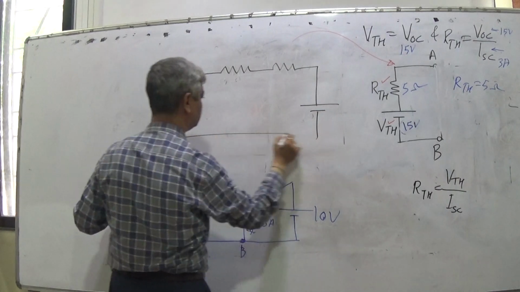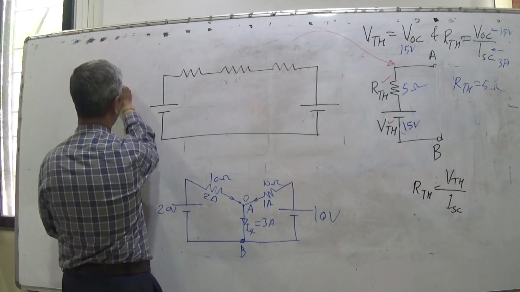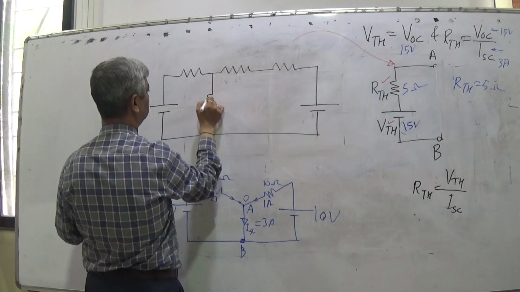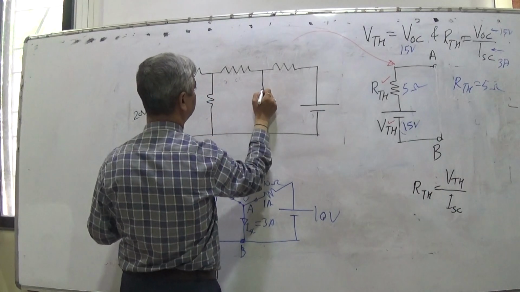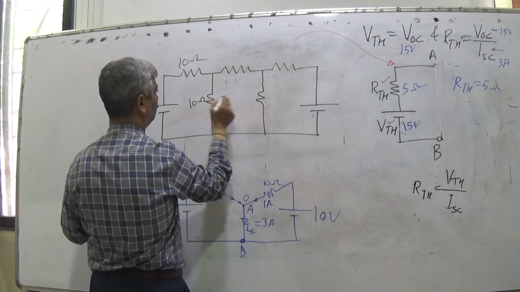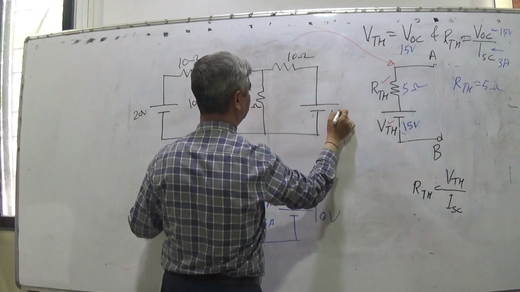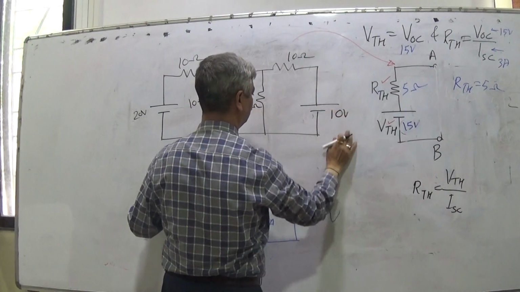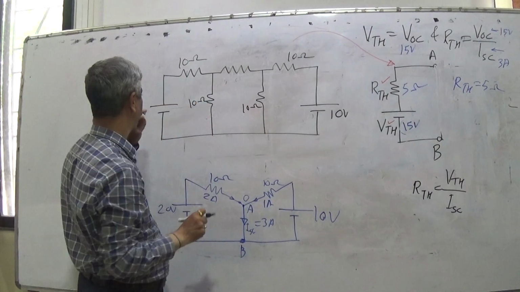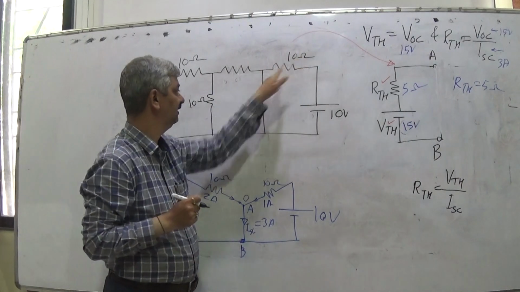Two voltage sources we took. So again I will take simple values. 20 volt, 10 ohm, 10 ohm, 10 ohm, 10 ohm, 10. 20 volt, 10 ohm, 10 ohm, 10 ohm, 10 ohm.